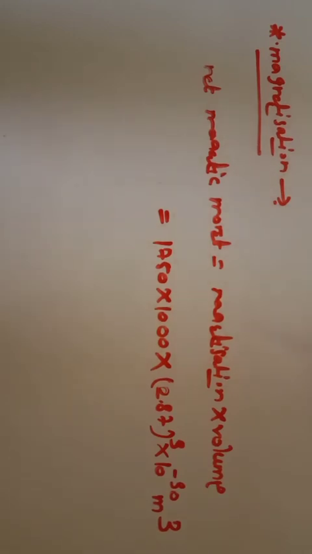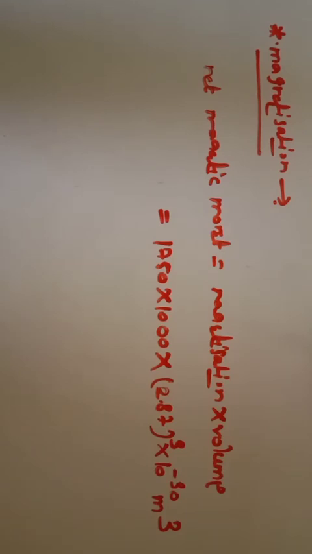To convert this angstrom value into meter cube, you have to multiply by 10 raised to minus 10 and then make its cube, because we know that the volume of the cube is nothing but the cell edge length cube. So cell edge length is given 2.87, so make its cube, and this angstrom unit is converted into meter cube.